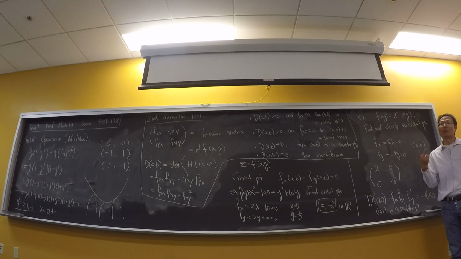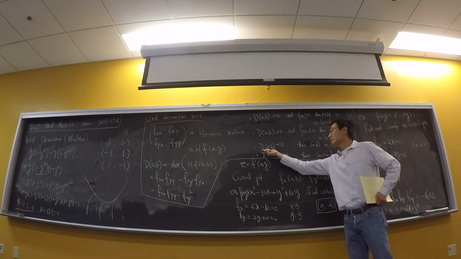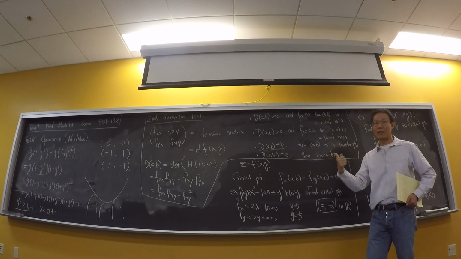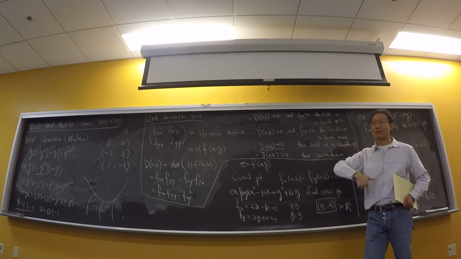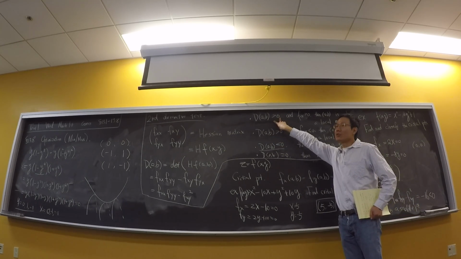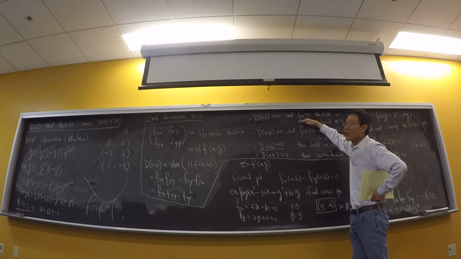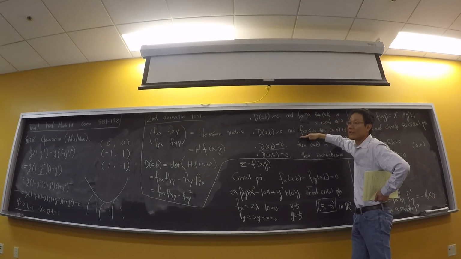If the determinant is less than 0, then you have one positive eigenvalue and one negative eigenvalue. In these 2 other cases, you have 2 eigenvalues of the same sign. This one says the 2 eigenvalues are both positive, and this one says both eigenvalues are negative.